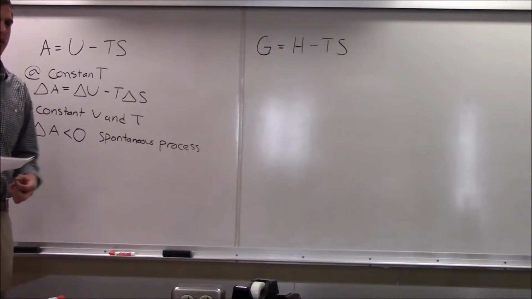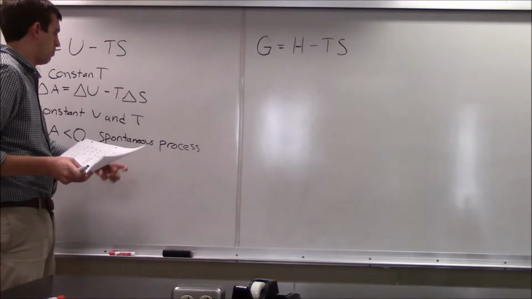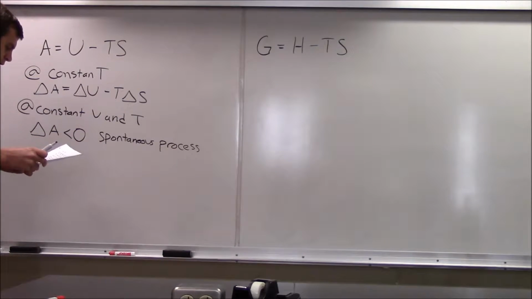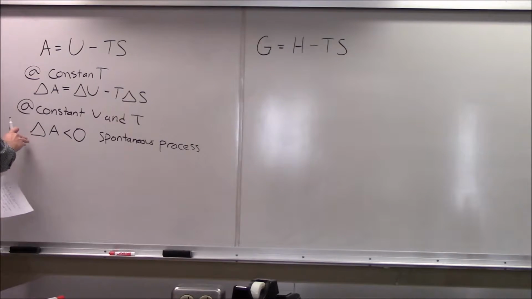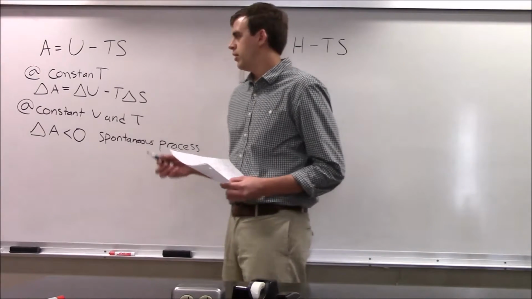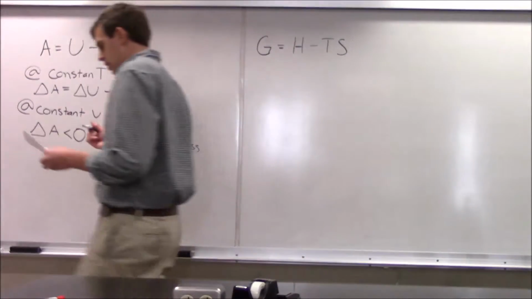Another way you can think about this is the process is going to occur such that you minimize your Helmholtz free energy. Okay, so this might not be clear on why this is the case, so I'm going to go through a little bit of a derivation to show that this is true.